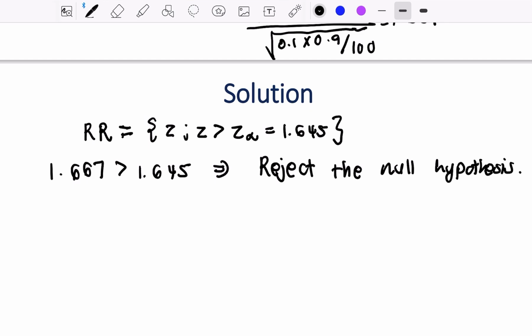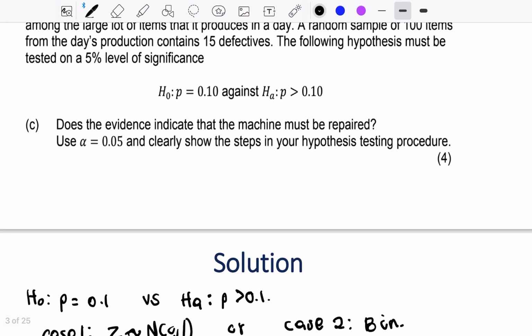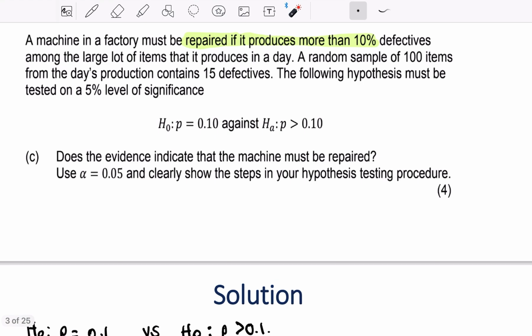Okay, and remember, in this question, they specifically rephrased it so that you answer what they said. So you said, does the evidence indicate that the machine must be repaired? That's the question that you are asking. So you should reject or do not reject, but also make a conclusion with regards to what they were asking. Because now remember, like I said before, if we reject H0, it means that we don't have enough evidence to say we do not reject H0.